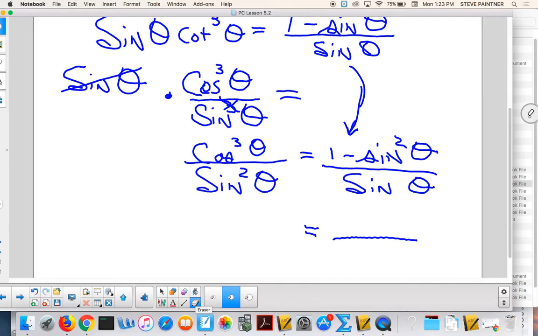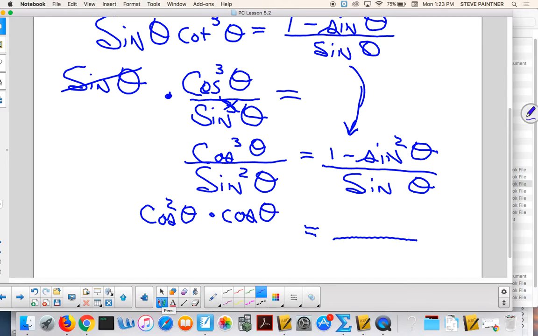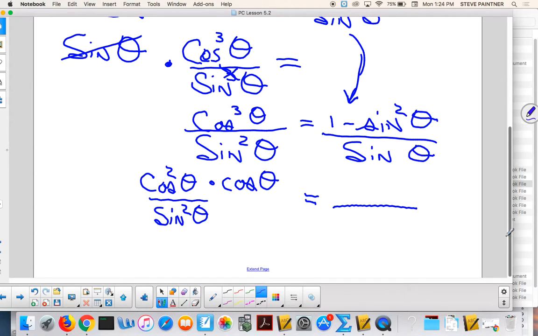It's cotangent squared, and there's an extra cosine. Oh, gotcha. You're breaking it up into cosine squared times cosine, right? And then you already have this down here, which is your what? Cotangent squared. There's your cotangent right there. Cotangent squared times cosine.